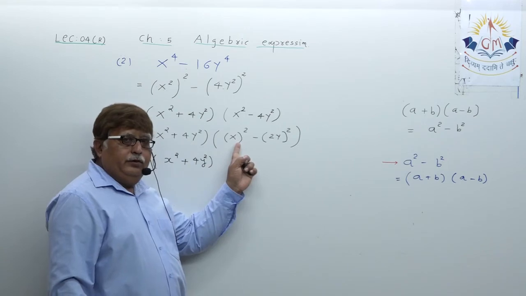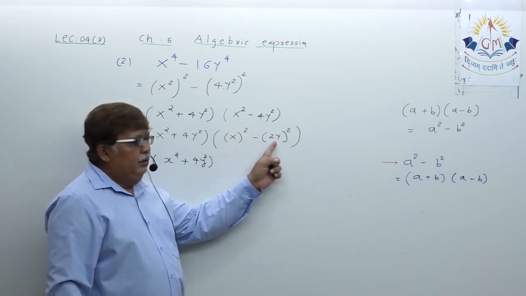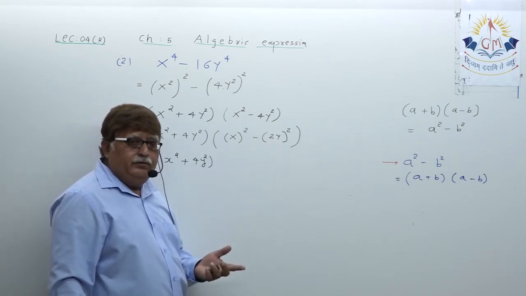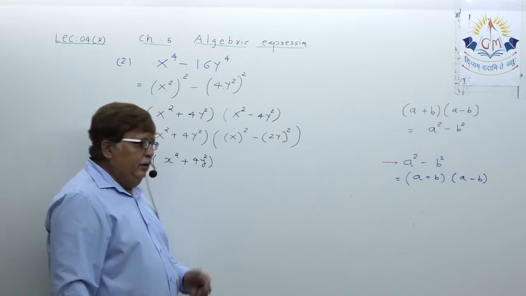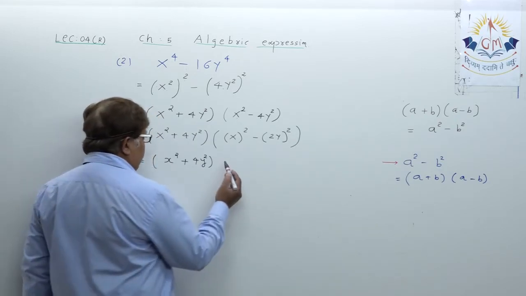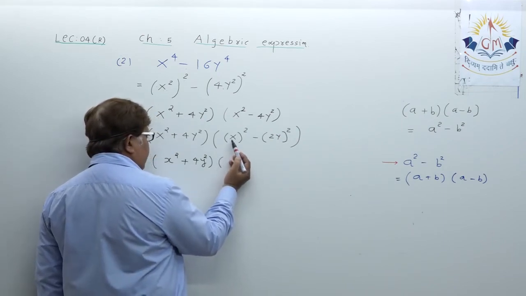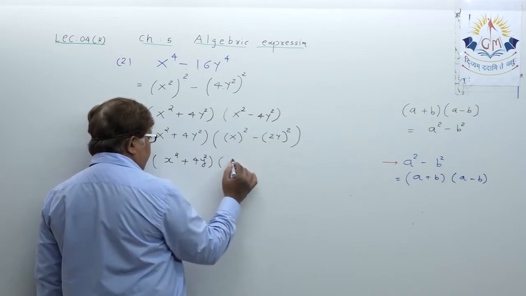This is, dear student, a square minus b square. That means a plus b, a minus b. So what should I write in the first bracket? a plus b.